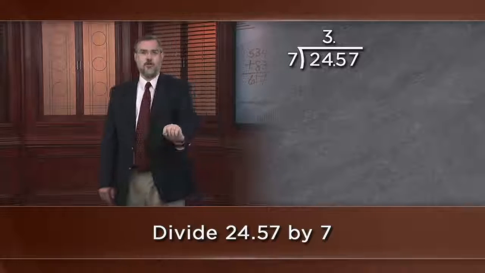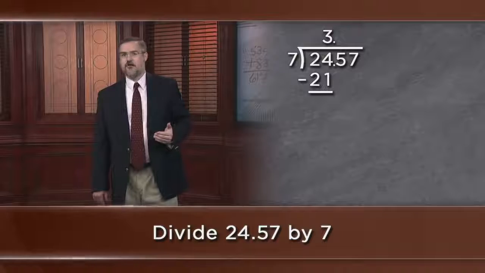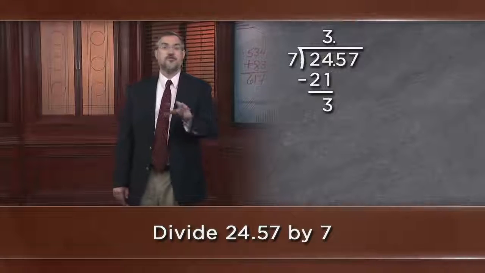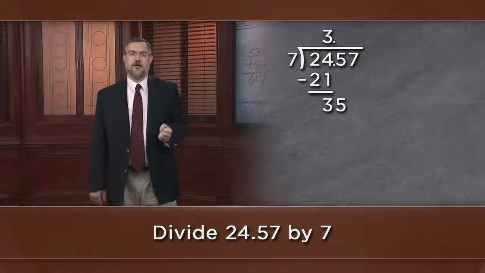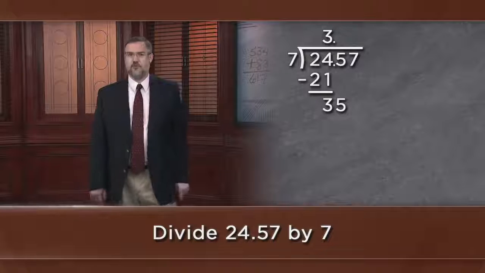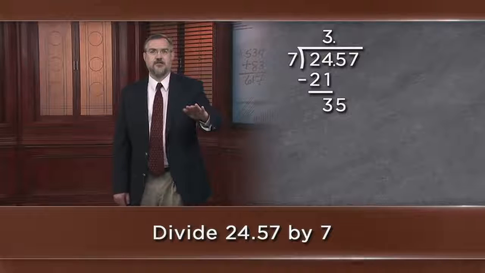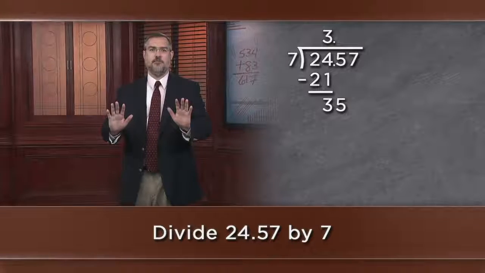I then write a 21 below the 24, and I subtract, and 24 minus 21 is 3. I now drop down the next digit, which is a 5, and now we have 35 down at the bottom of our work section. It's not really the answer section there. And I want you to notice that I did not drop the decimal point down with that 5. I'm now ignoring that decimal point completely.